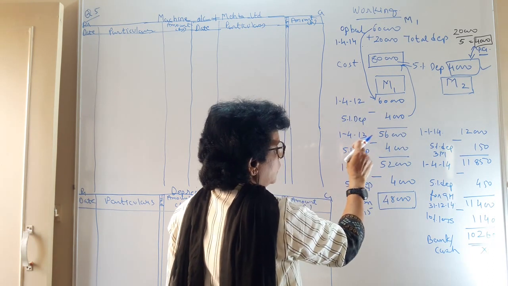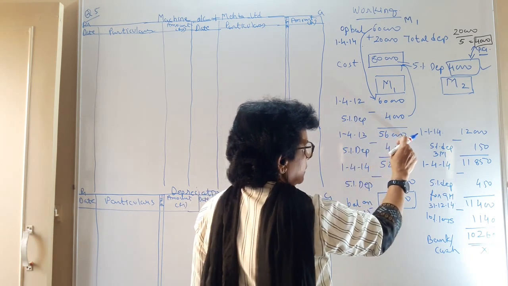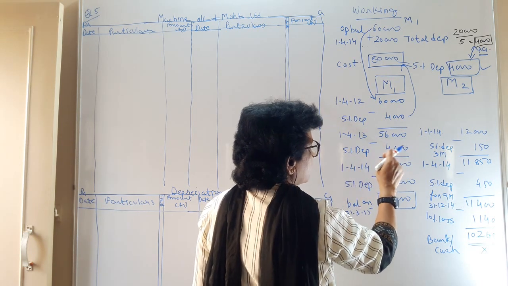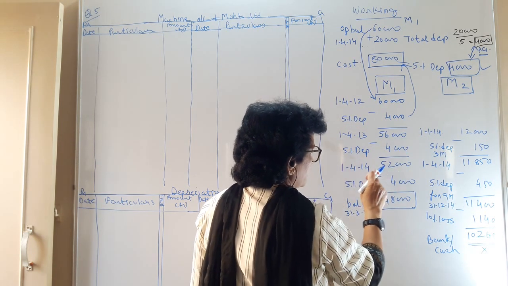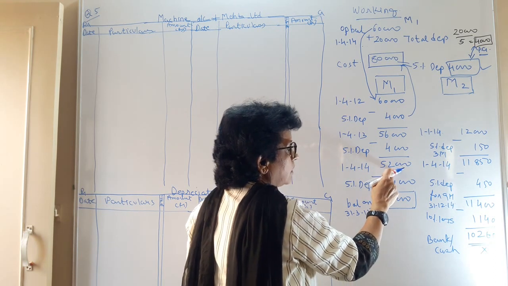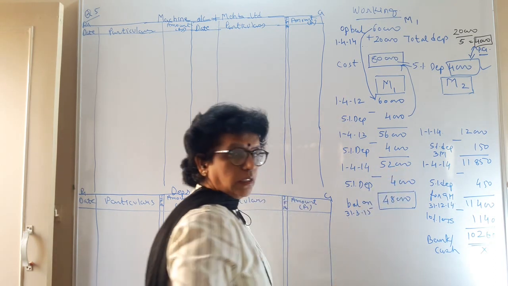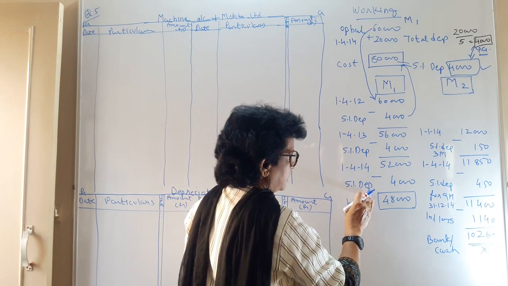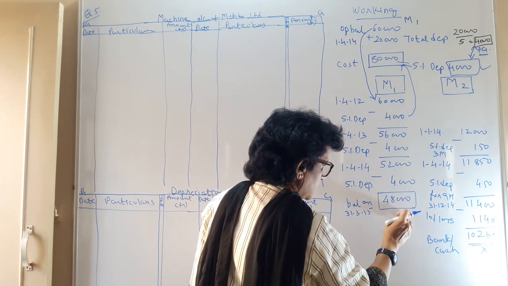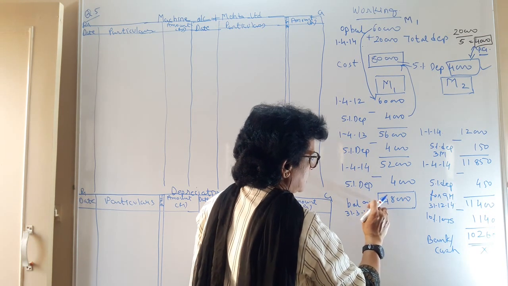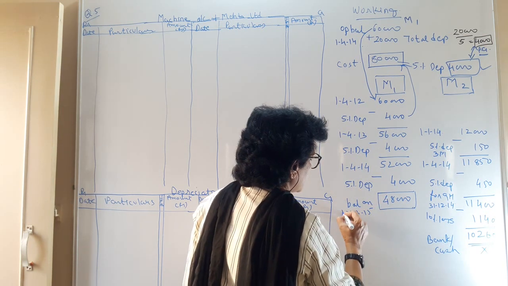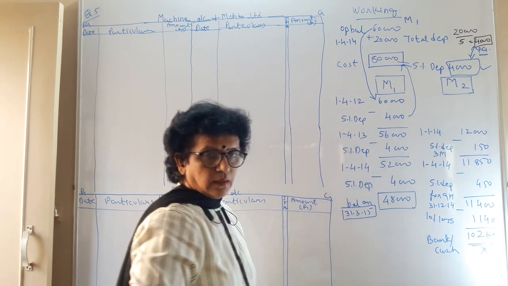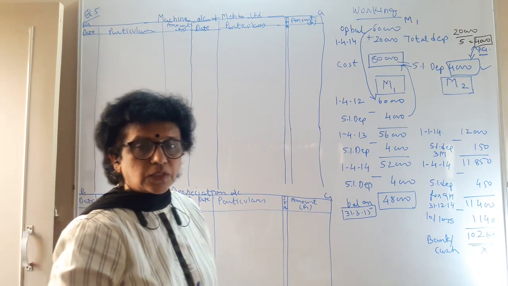So on 1/4/13, the book value becomes 56,000. Again 5% depreciation, so after the second year the value becomes 52,000. The third year also we calculate depreciation of 4,000. So now 48,000 remains as the balance on 31st March 15 for machine 1. This is the story about machine 1.